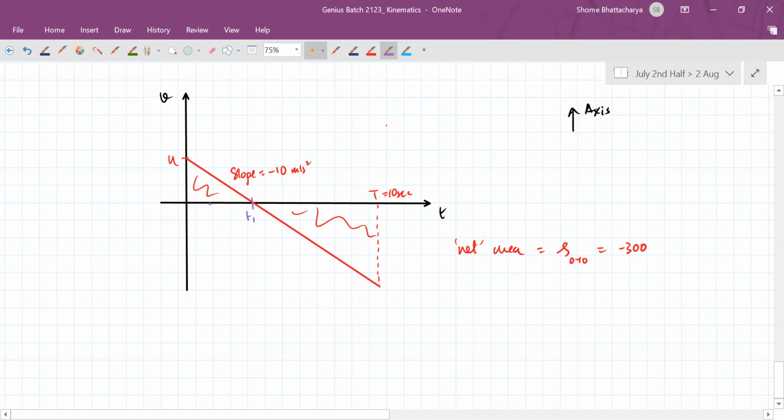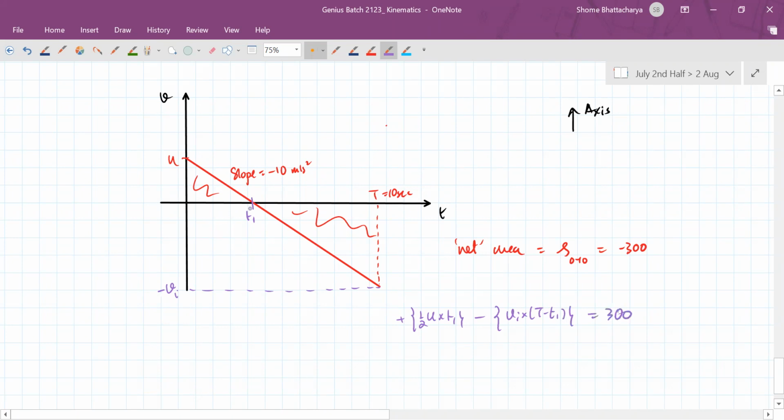So we can see that this area is plus of half of u into t1, and this area will become how much? This is some minus v impact speed, let's say. So v impact into t minus t1. So this is equal to 300.